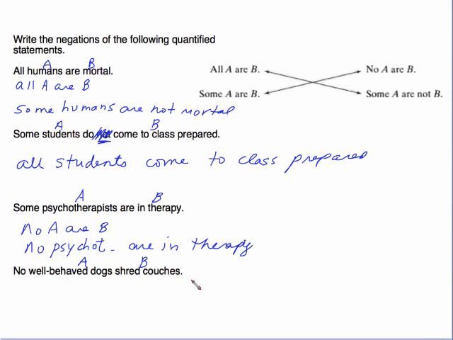Do you see the only one that starts with the word no is right here, no A are B. The negation comes right down the diagonal, and it will be some well-behaved dogs, I'm just going to call them WB dogs, shred couches. Notice there was no R in this sentence, but when you've got a verb, it's going to take the place of the R's in this little chart.